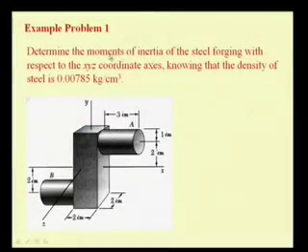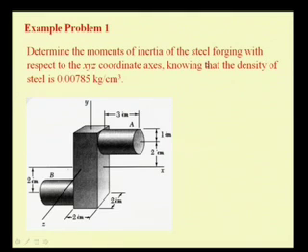We are interested to determine the moments of inertia of this steel forging with respect to this x, y, z axis. The various dimensions have been given, like we know the radius of the cylinder, the lengths of the cylinder, the width, the height, etc. of this feature.